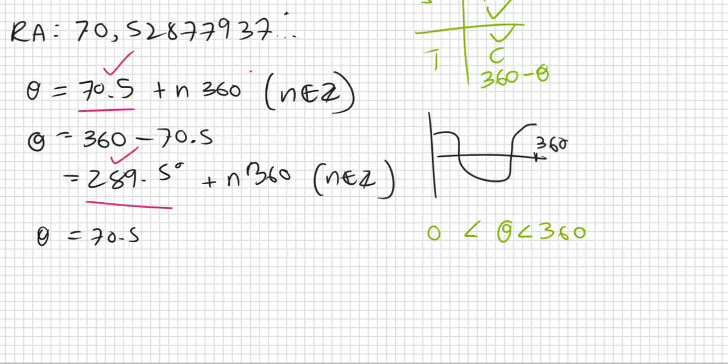It's definitely bigger than 0 and smaller than 360. So that exists. And if we plus 360, it goes too far. And if we minus 360, it goes under 0. So it goes too far. So just these 2 options. Okay, that concludes the general solutions. Trigonometry, question 8. Good.